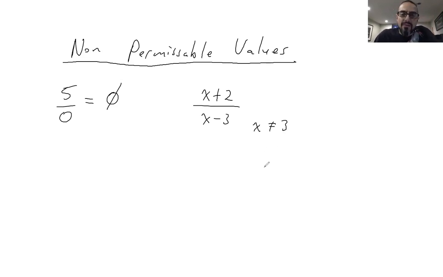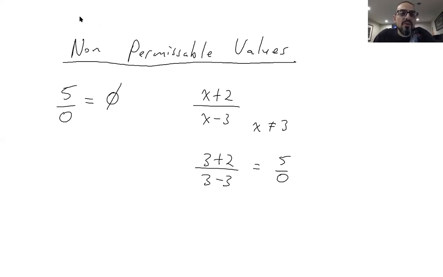Now, where did I get that from? Well, we just talked about how you can't divide by 0. Notice if I substitute in 3 for x, I'm going to get 3 plus 2 over 3 minus 3, or 5 over 0, which of course is undefined. So x can't equal 3 for this expression.